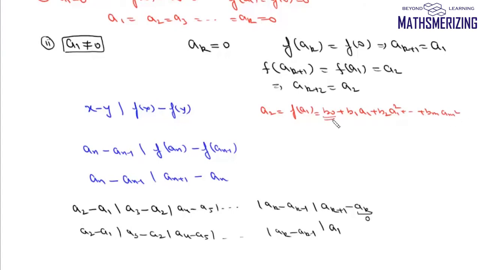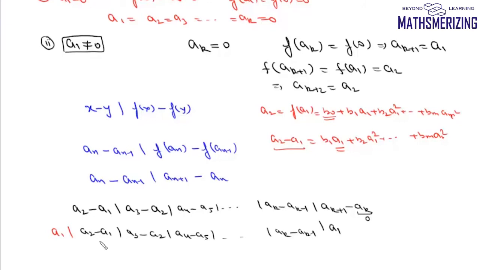Now b0 is nothing but a1, so we can write a2 minus a1 as b1 a1 plus b2 a1 squared up to bm a1 to the power m. So that means a1 divides a2 minus a1. Now a1 divides a2 minus a1, which divides a3 minus a2, and so on, which divides ak minus a(k-1), which divides a1.